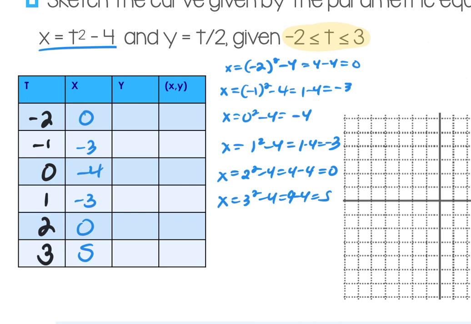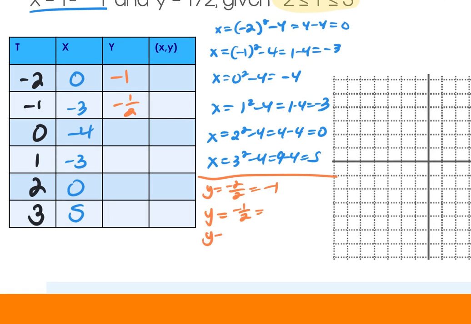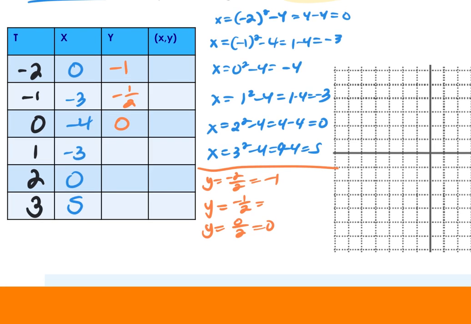And now I repeat that process for y. So y equals t over 2: negative 2 over 2 is negative 1. Y equals negative 1 over 2, which stays negative 1/2. Y equals 0 over 2, which is 0.